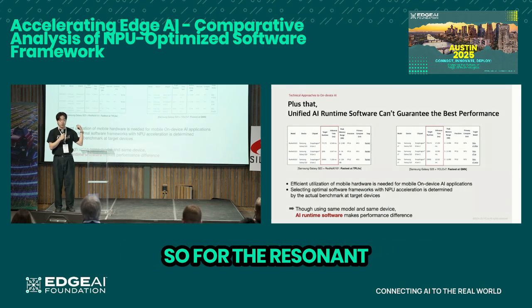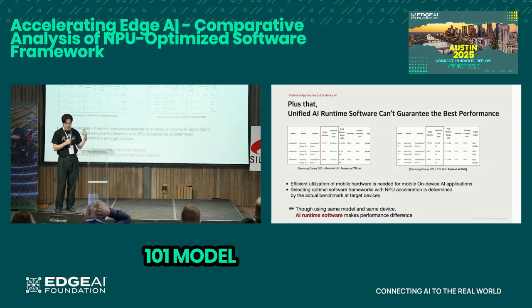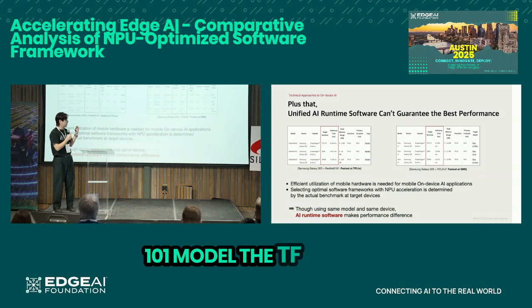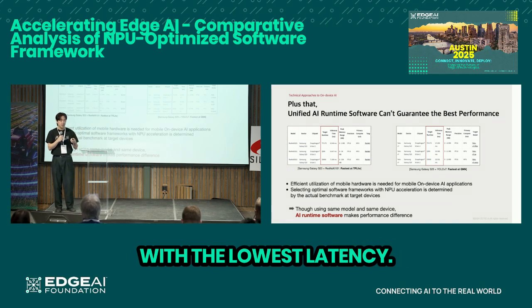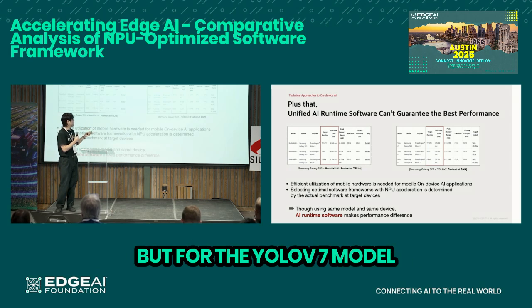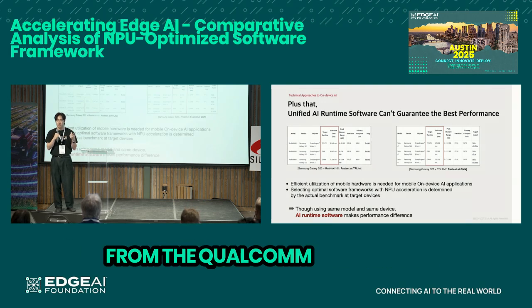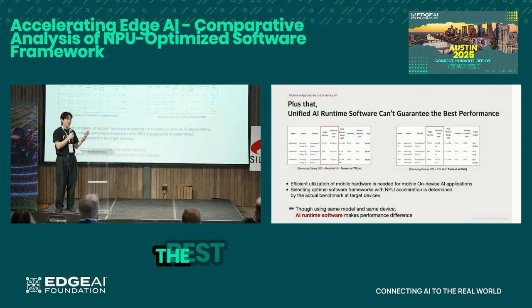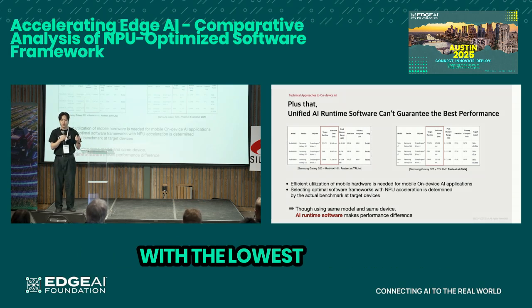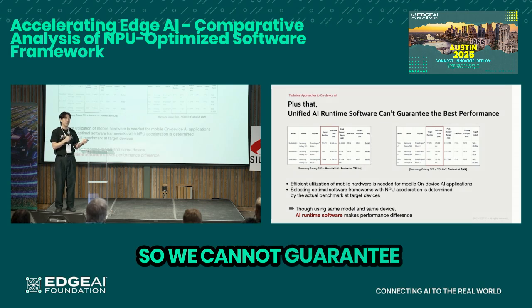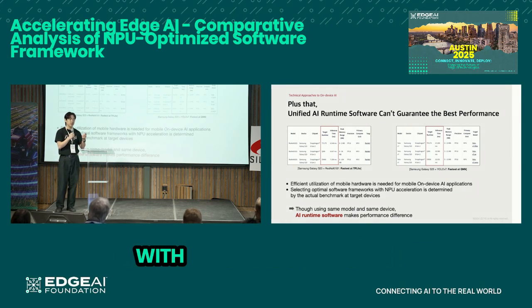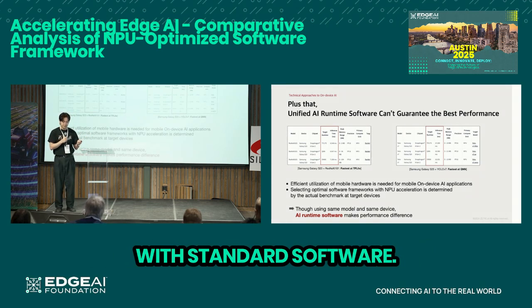For the ResNet 101 model, TF Lite runs with the lowest latency, but for the YOLO V7 model, QNN, which is the Qualcomm AI SDK, runs with the best performance and lowest latency. So we cannot guarantee the best performance with the standard software.